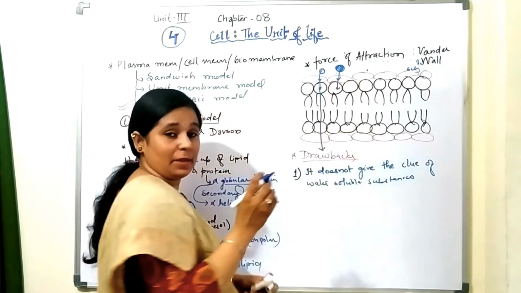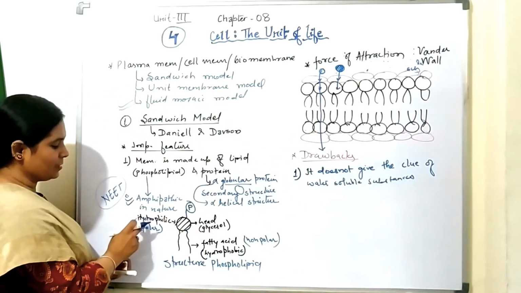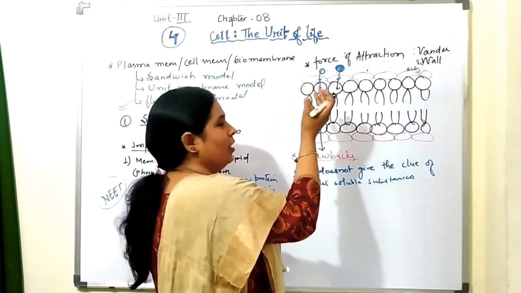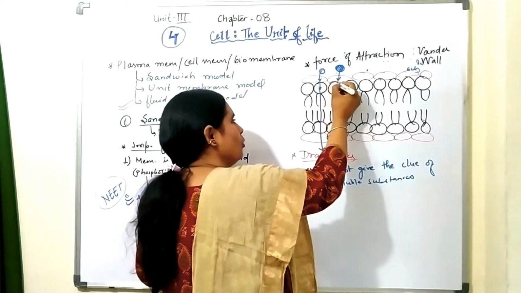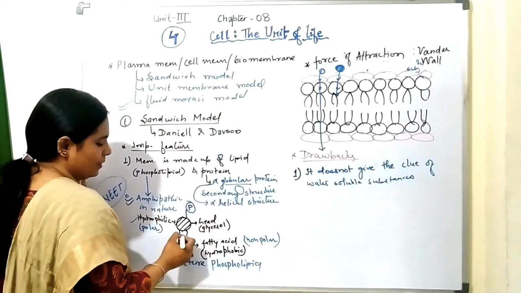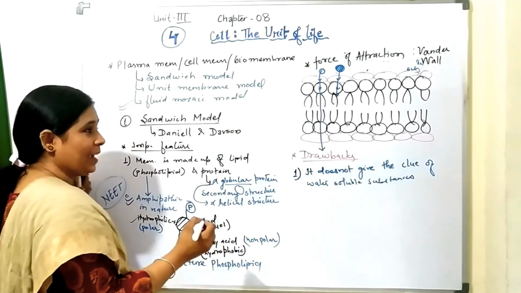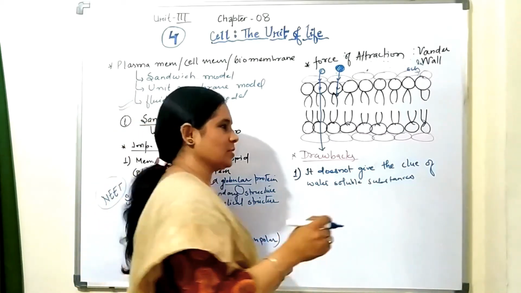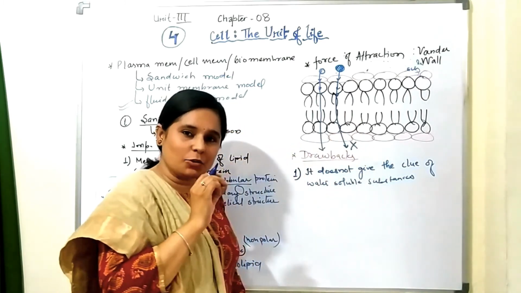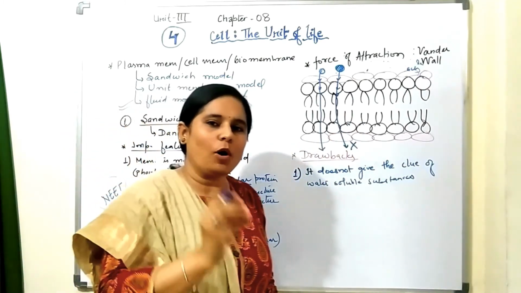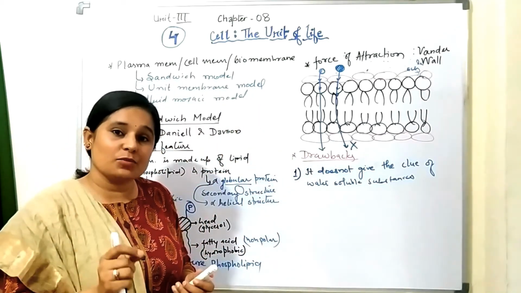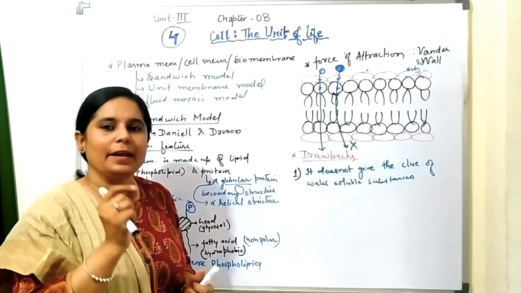Then the head, because the head is hydrophilic, water loving, will also not provide any kind of restriction or hindrance to it, so the head will also allow it to pass. But as you know, the tail is hydrophobic, it will not allow these water soluble substances to pass through the membrane, and if it is not passing through the membrane, then the water soluble substance cannot reach the cytoplasm.